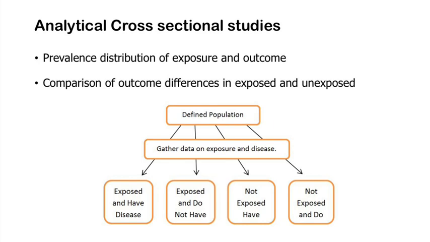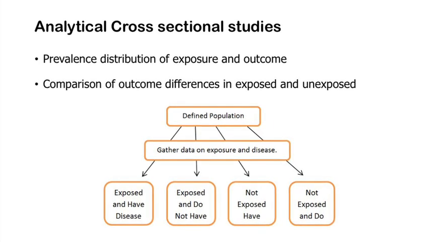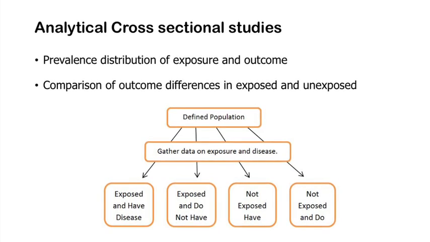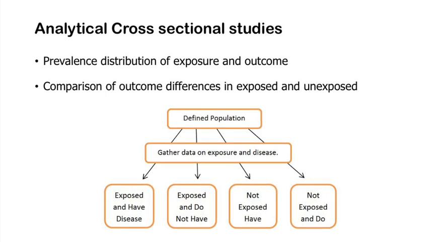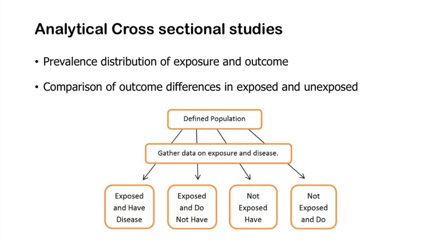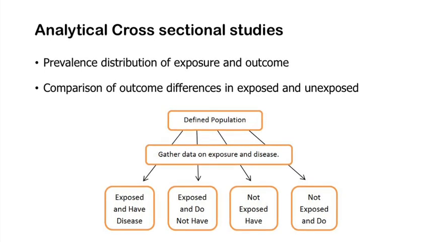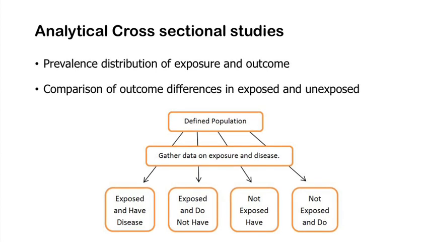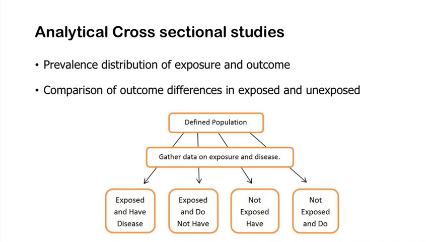We have already seen descriptive cross-sectional study. Now, in analytical cross-sectional study, there also we are observing and describing the population, exposure and outcome. And in analytical study, we are comparing the outcome between the exposed and unexposed.